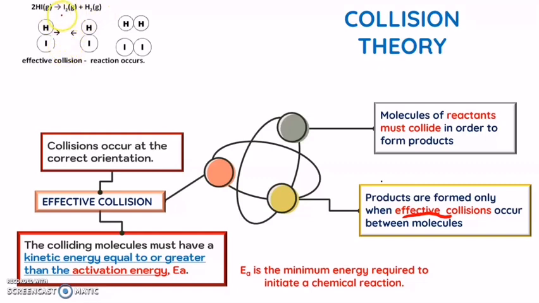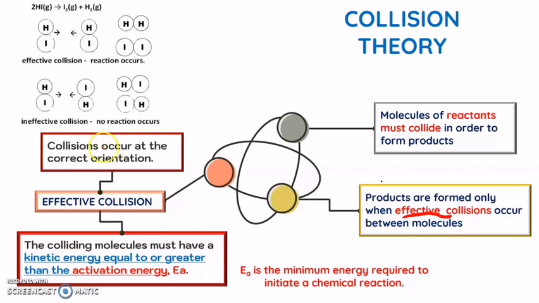In order to form I2 gas and H2 gas, 2 HI molecules must collide in the correct orientation so that both molecules can combine to form H2 and I2. As this orientation will lead to the formation of H2 and I2, it will produce an effective collision, so the reaction will occur as the product will be formed.